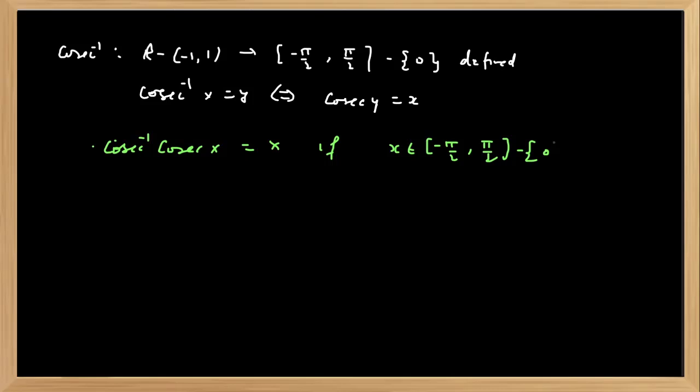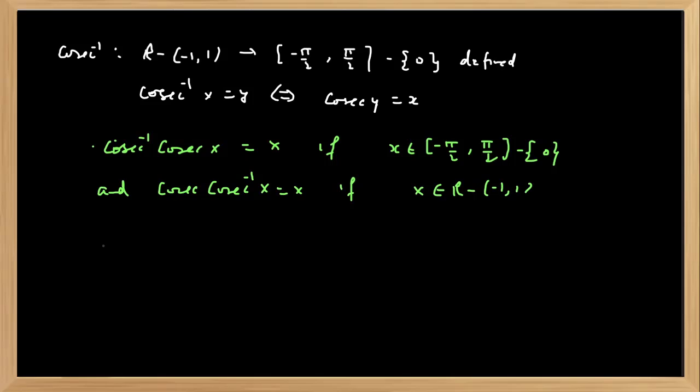Now we can also break it and write it as -π/2 closed to open 0, union open 0 to closed π/2. And cosec inverse x is x if x belongs to R minus the open interval -1 to 1.